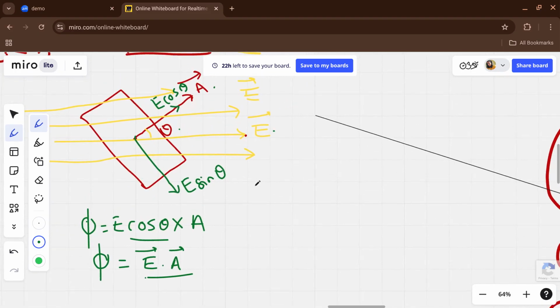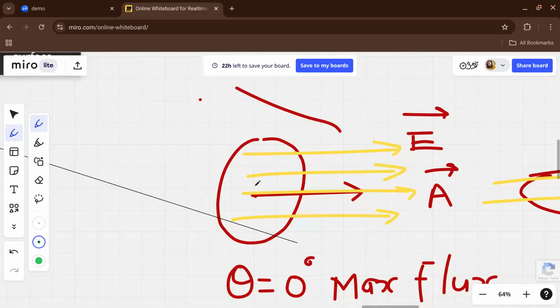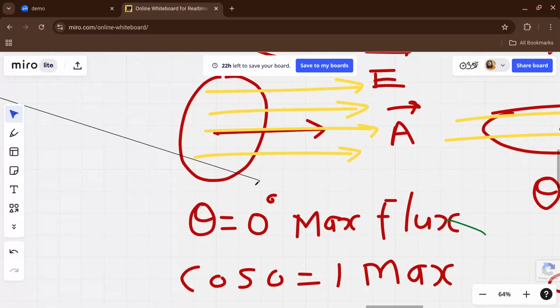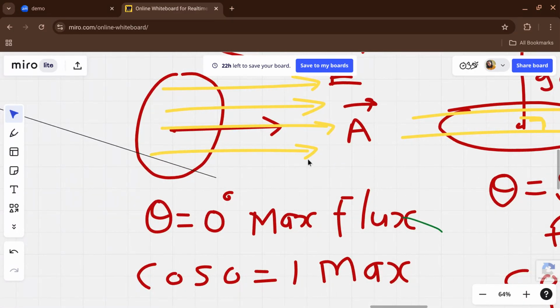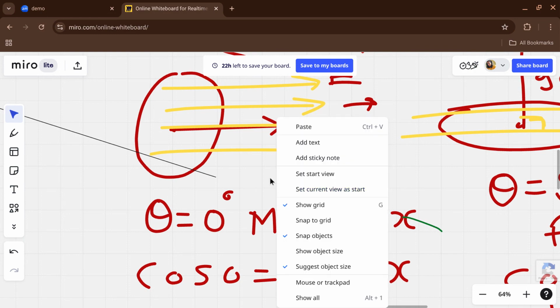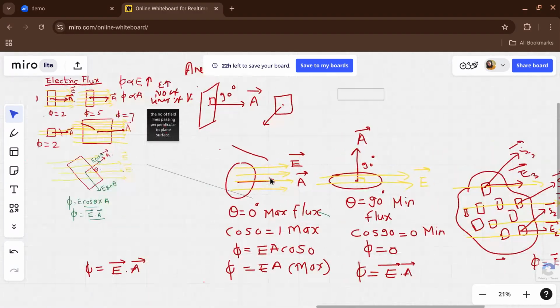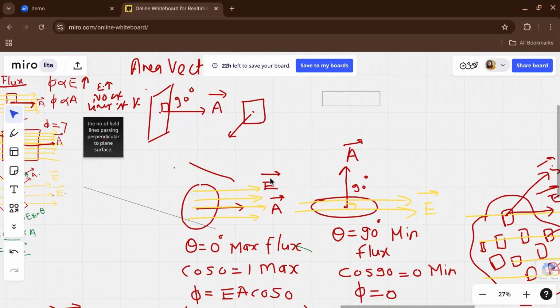But if we use this concept logically, like if I am taking this first area, and the area vector for it is perpendicular to the specific area, and the lines of force are going in the direction of the area vector.